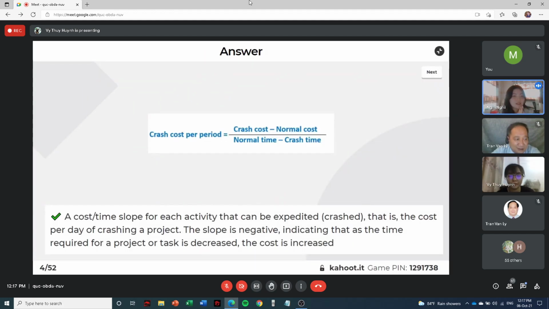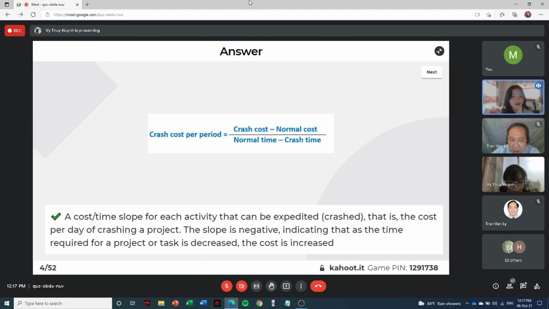Guys, please focus. It's very important for you to remember these equations. Crash cost per period equals crash cost minus the normal cost, divided by the normal time minus the crash time.